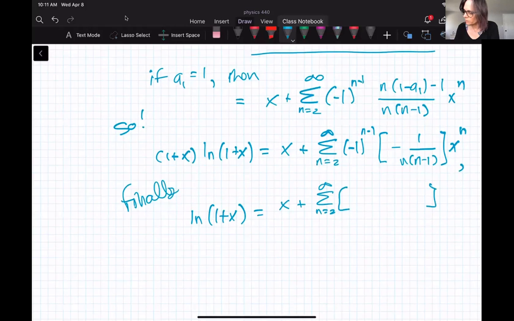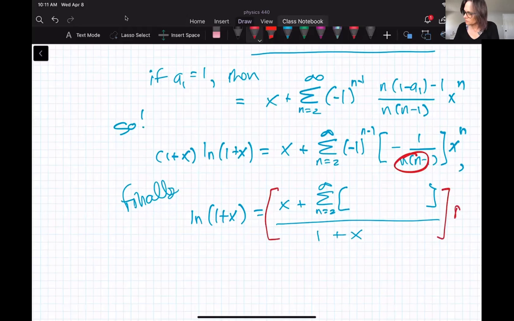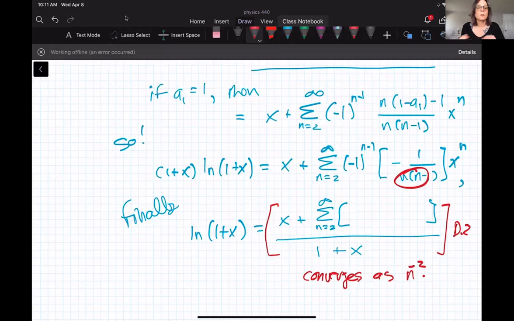I'll just put all of this in brackets, divided by 1 plus x. But because now we've got this term, this new series, we'll call D2, converges as n to the minus 2.